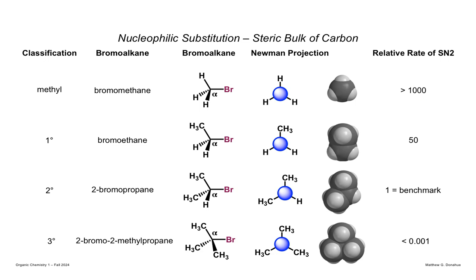The reason is, when we're looking at the sigma star, the antibonding orbital in which the nucleophile is supplying electrons, it deals with the steric bulk around the carbon atom. If we're looking down that bond, the blue ball is basically indicating the antibonding orbital.